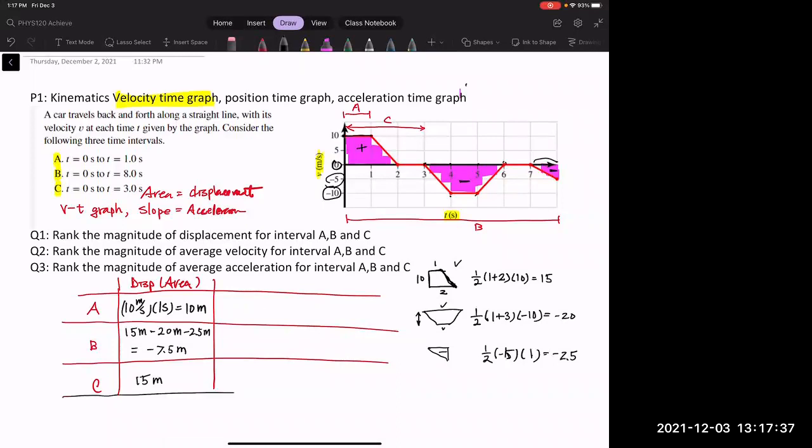Okay, now the question is to ask you to rank the magnitude of the displacement. So we only look at the value, we don't look at the sign. That's what the magnitude means.